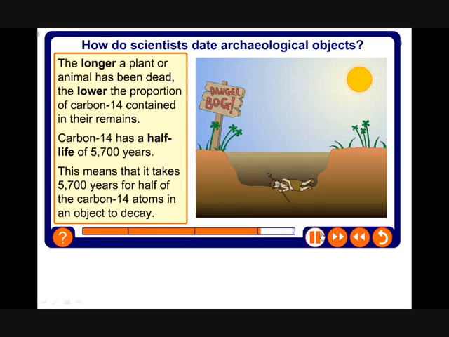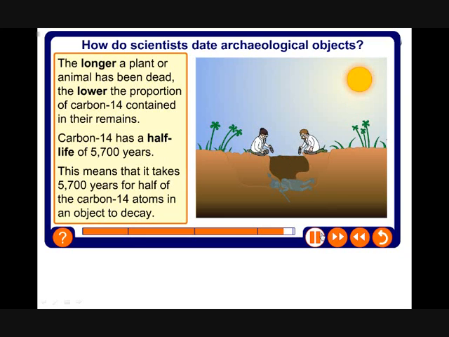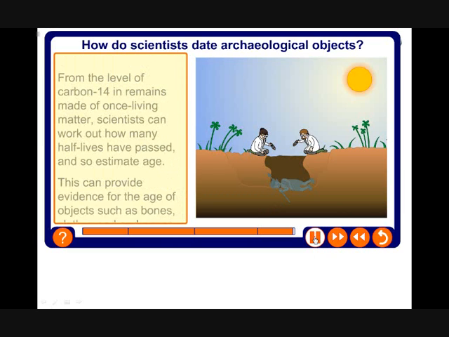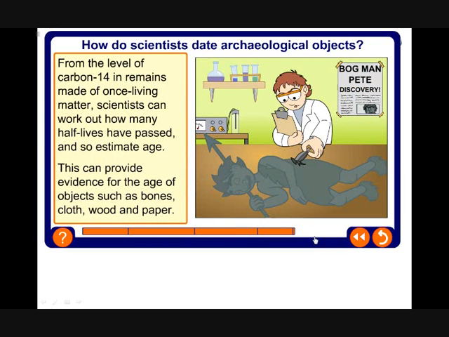And what you can do from that, knowing the half-life of carbon-14, which is about 5,700 years, is look at the amount of carbon-14 that's left in a sample, compare it to the proportion of other types of carbon, and work out how old the thing is that used to be alive. So carbon dating is brilliant for dating things that used to be alive.